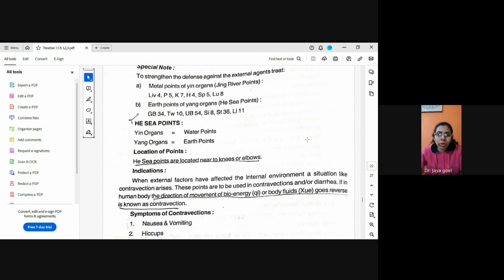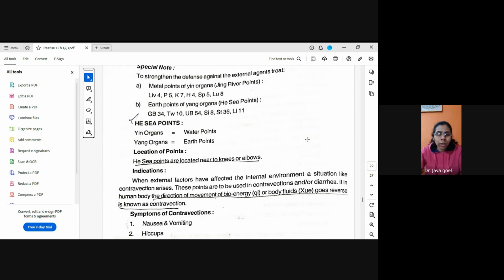Now we will move on to the He Sea points. He Sea points mean lots of energy over here. We can get lots of energy by giving treatment on these points.